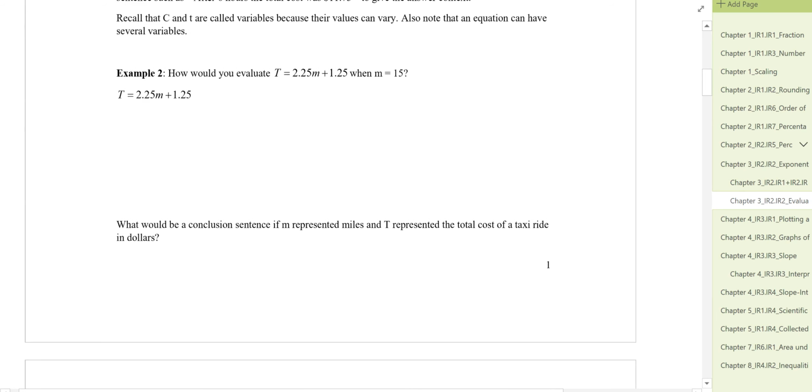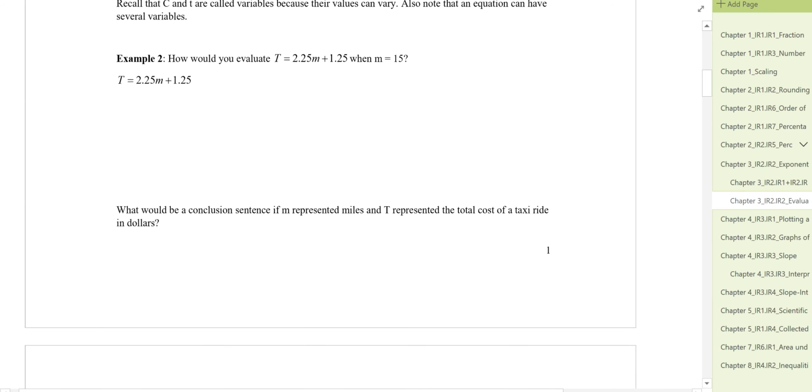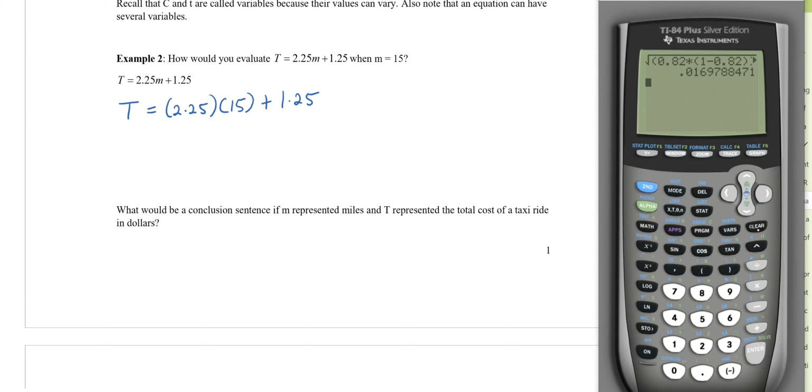Okay, so for example 2, first I'm going to substitute. So we have t equals 2.25 times m, and m in this case is 15. Notice that I use a parenthesis around the decimal so you don't get confused with a multiplication sign, plus 1.25. Then I'm going to substitute that into the calculator. Let me clear it.